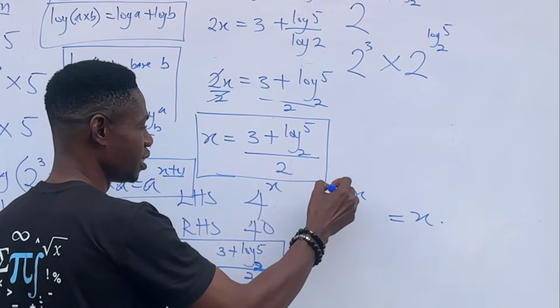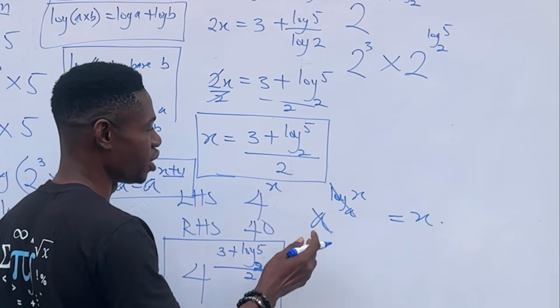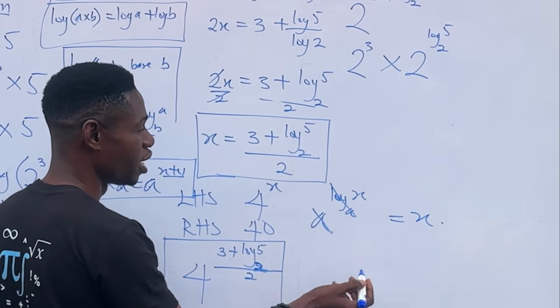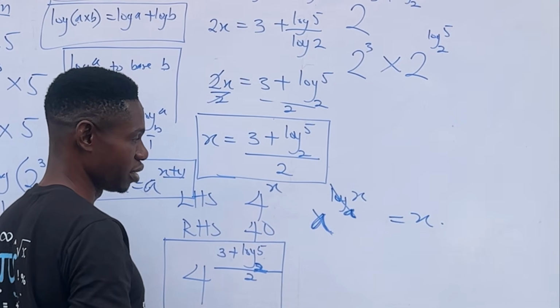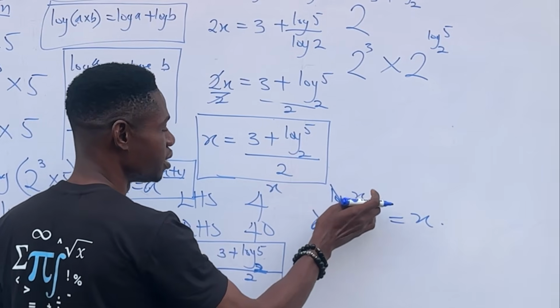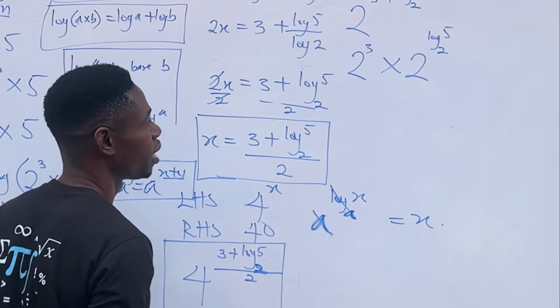See it as this cancelling this, and your answer is x. The base of that logarithm, which is in the power, must be the same as the number. If that is the case, your answer is the argument of the logarithm, x.